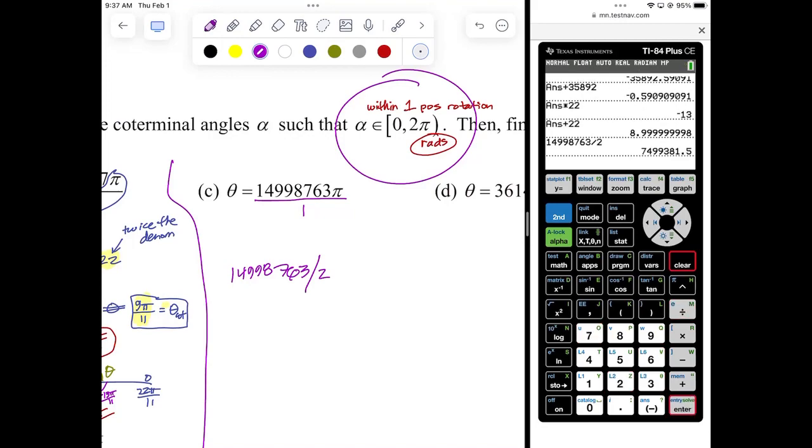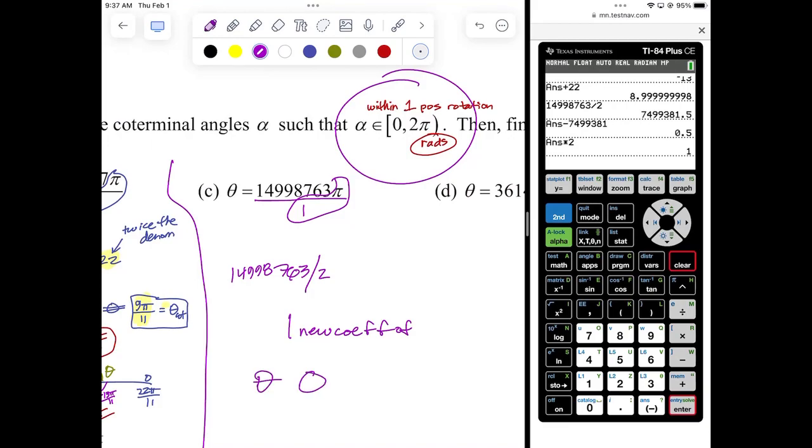That's the number of full rotations. Subtract. There might be more decimals that appear. 7499381. No more decimals appeared. So I just remultiply by what number? The same number I divided by. And I get 1. 1 is your new coefficient of pi firsts.